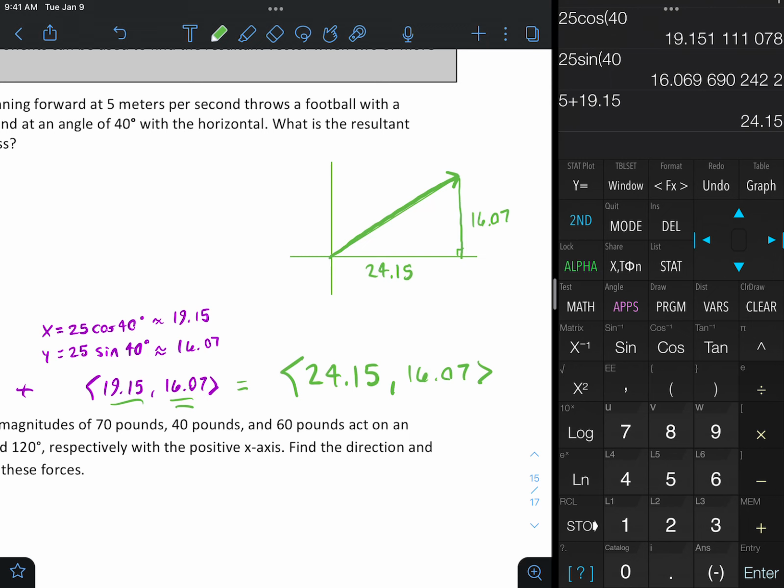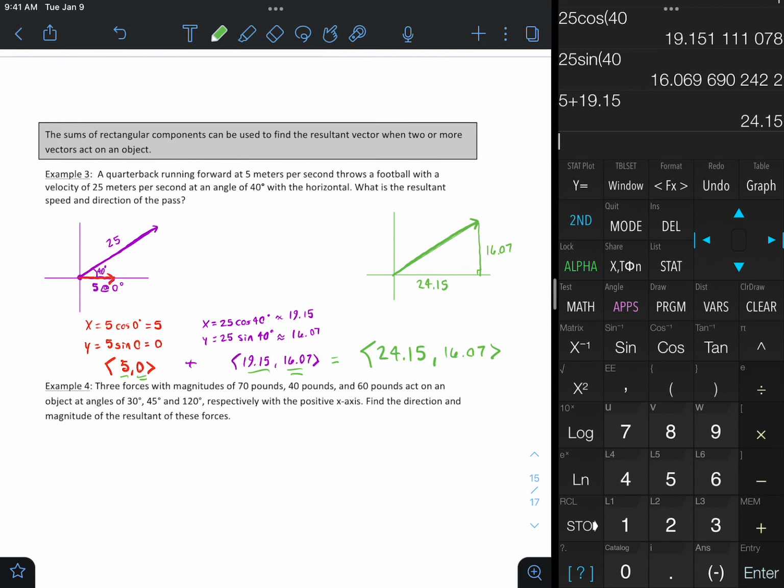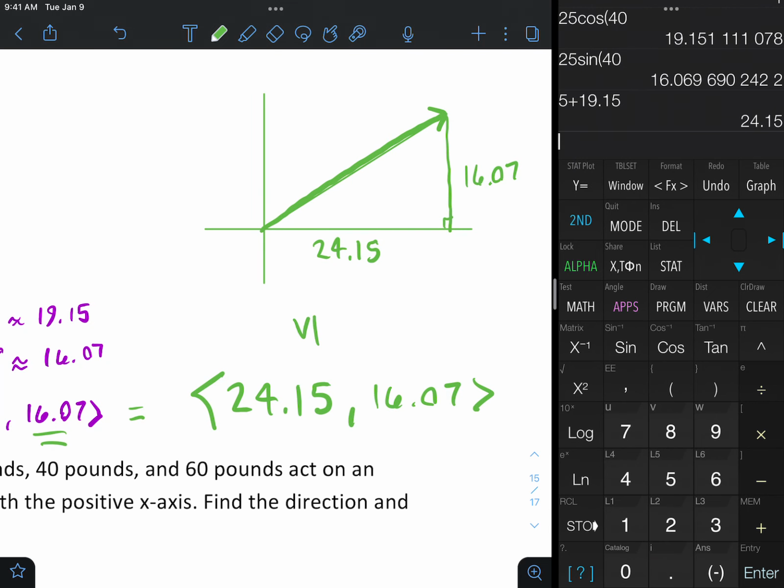Now you can go and use your magnitude formula or Pythagorean theorem, however you think about it. So your magnitude of it, do they have a name for this vector? I guess they don't. I guess I'll call it V. The magnitude of V, just in the calculator, 24.15 squared and the 16.07 squared. Make sure if you got negatives with those for whatever reason, you go ahead and throw some extra parentheses around it.